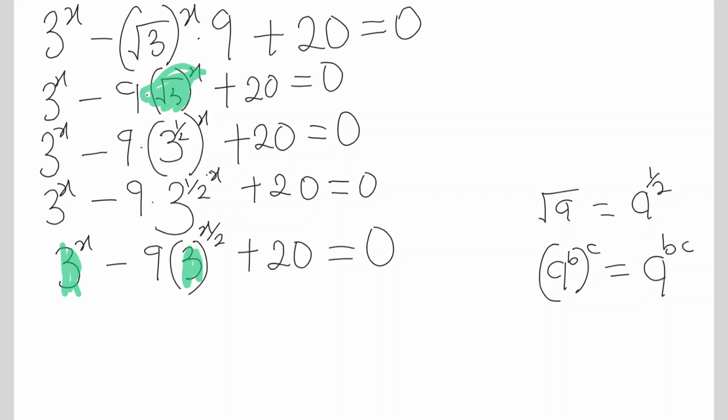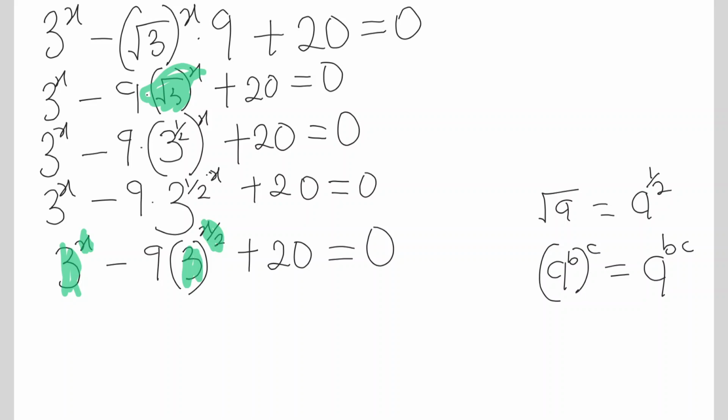Anytime you discover that the power of one, which is x over 2, which is the power of the 3 here, has a relationship with the power here, which is x, so when one of them is twice the other, we can represent it using a particular letter.